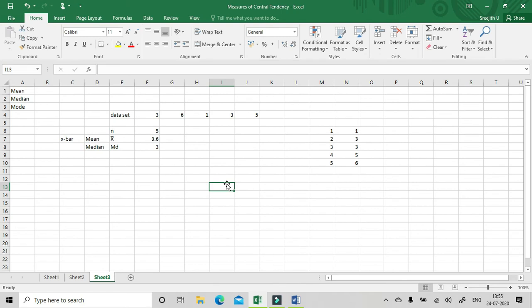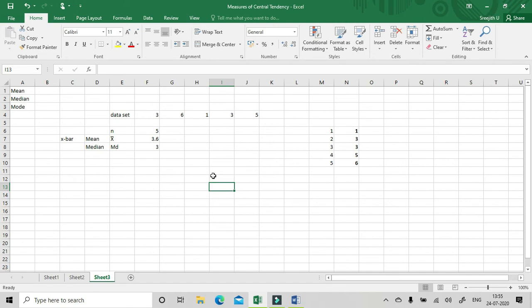Let's say, what do you do when you have 80 numbers? You can't simply look at it and determine what's the median, right? So therefore, we have a mathematical formula for this. To determine the median, we find the position of the (n plus 1) by 2, the position of the value which is at (n plus 1) by 2.